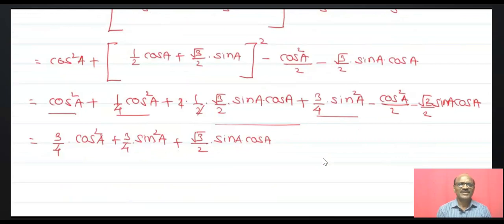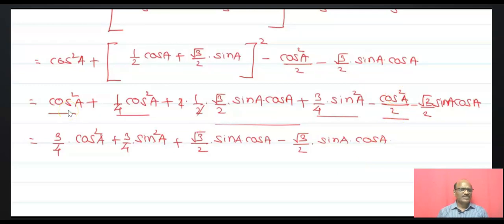These two terms will get cancelled now. So there is a minus sign. Those two terms will get cancelled. Here is a cos square A by 2 and here is a cos square A.